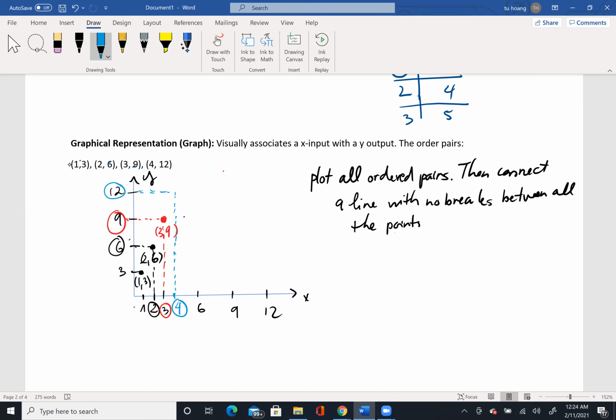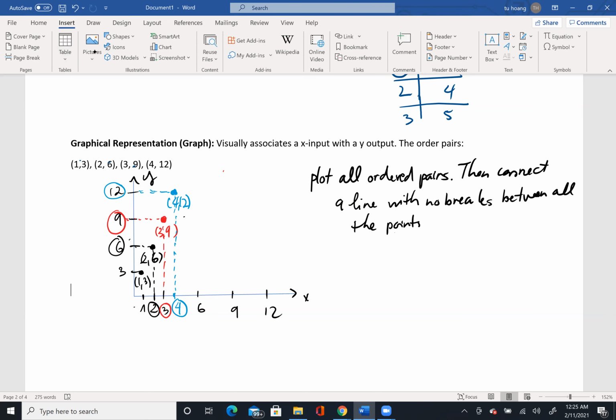From 12, I draw a horizontal line, and they intersect at 4, 12. Okay, so now what you do is draw the line through all these points, and that should be the line we are looking for.